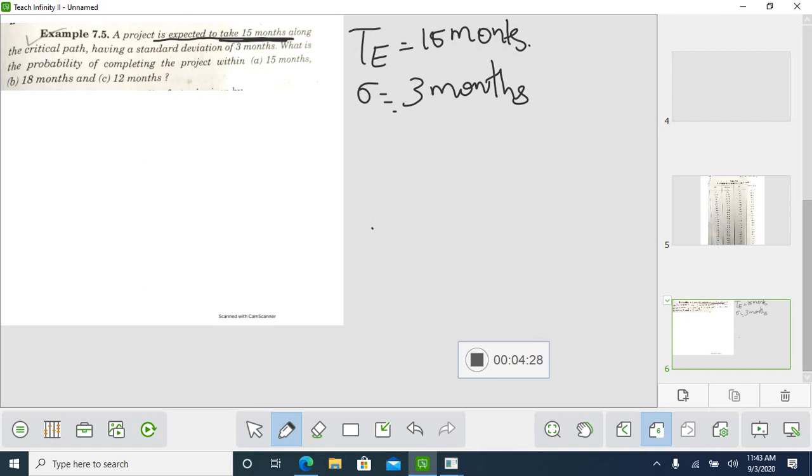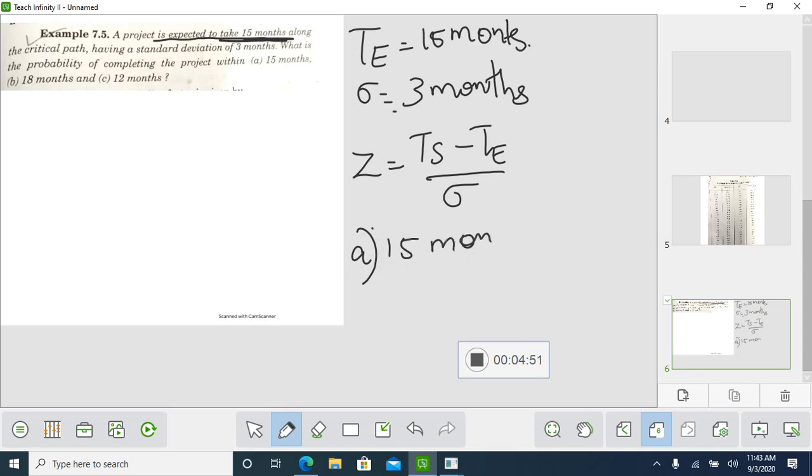Now we will find the probability. The probability factor is Ts minus Te divided by sigma. This is the formula, and you apply it for all the following cases. For A, they are telling 15 months, so Ts is 15.